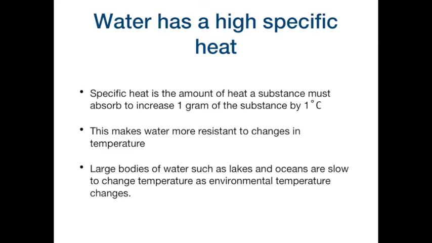Water has a high specific heat, which means not really easy. It's difficult for water to change its temperature and it needs to receive a lot of heat in order to change its temperature. Okay.